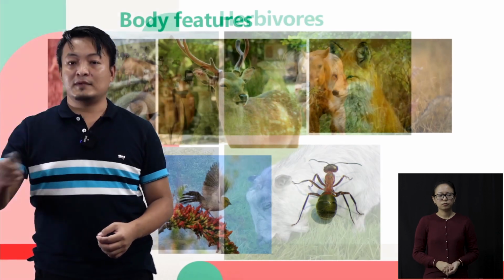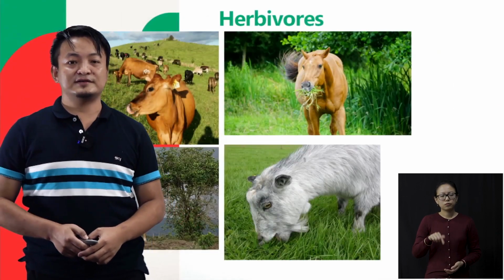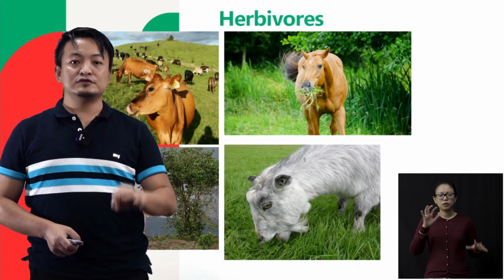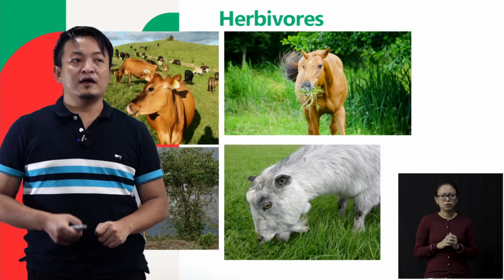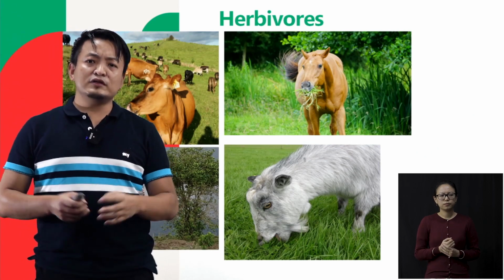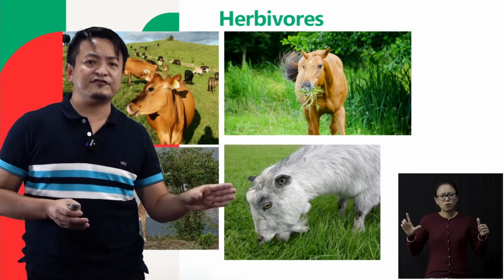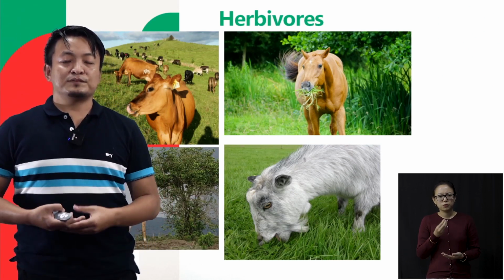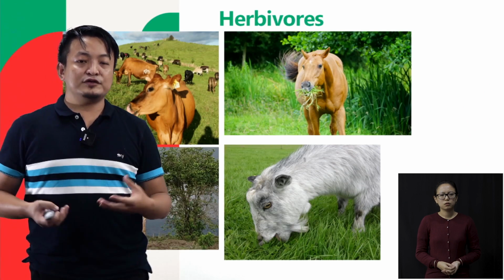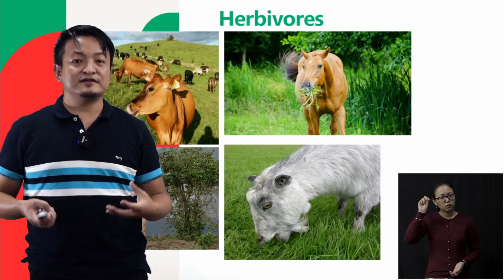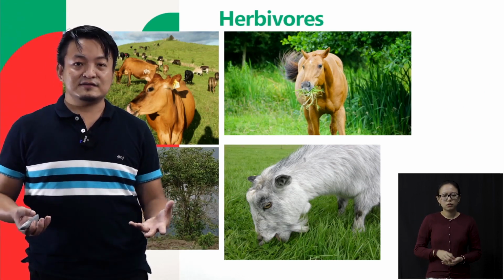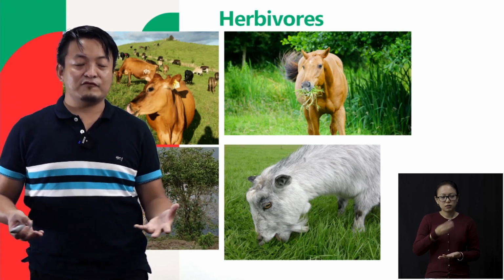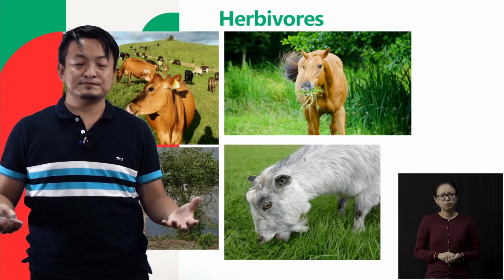Now, our next topic, we are going to classify animals into 3 parts. Now, students, all the animals eat different things. Here in Nagaland, we eat rice, and it is common for every one of us to eat rice.